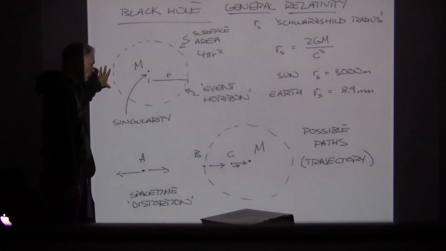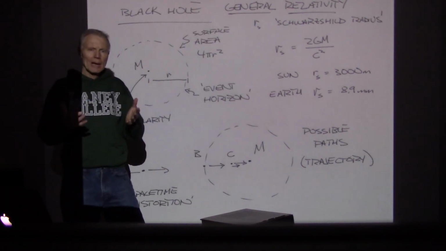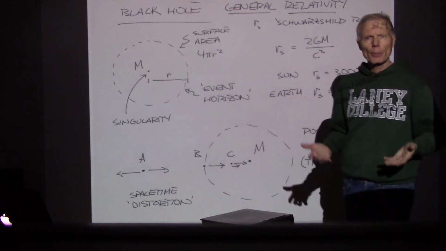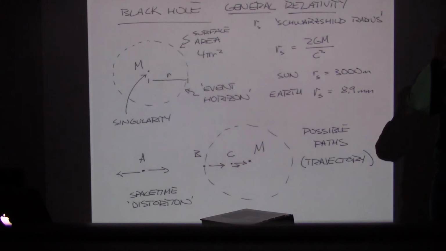The event horizon represents a location surrounding the black hole where the distortion of space-time is so extreme that there are no longer any paths leading outside the black hole, at least not a path forward in time.